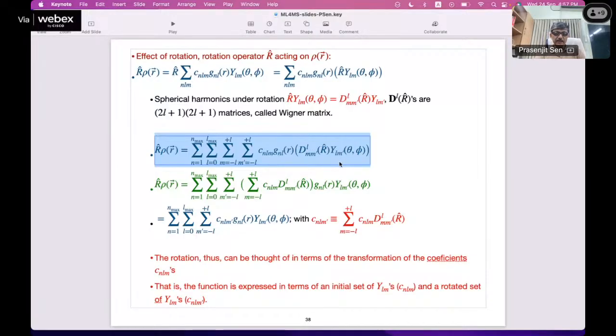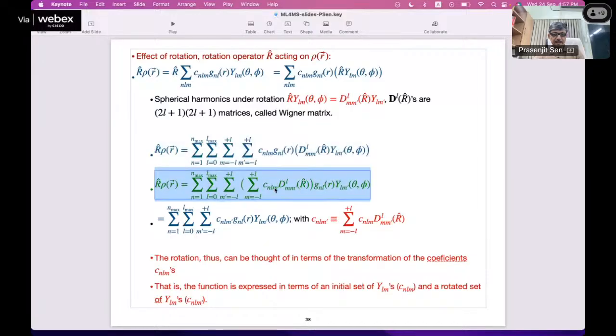Now that I have written all these things explicitly, I can write the D's with my C's. So I pull the D and the C together, and this is what I have. I have the m index here, so I club the m summation with those, and then I have the n summation, the l summation, and the m primed summation outside. I'm just changing the order in which I write the summations. Nothing else has changed.